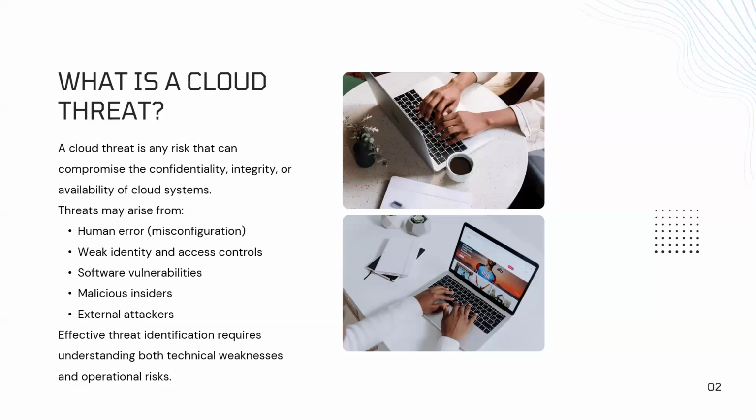Operational risk: lack of training, when employees don't know security best practices, no change management, unauthorized changes, poor access governance, stale accounts, over-provisioned access, no incident response plan. You don't even know what to do when you get attacked. Insufficient monitoring, you can't detect breaches. So you need to address both. You need to have perfect technical controls. But perfect technical controls won't help if your employees are clicking phishing links, no matter what you do.